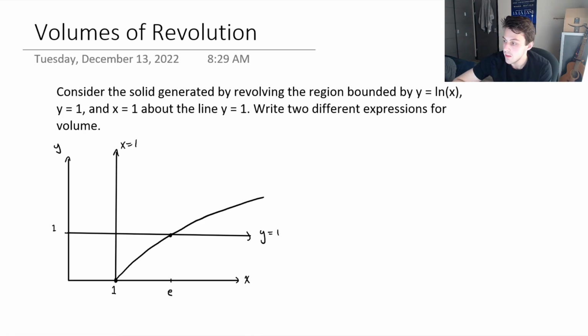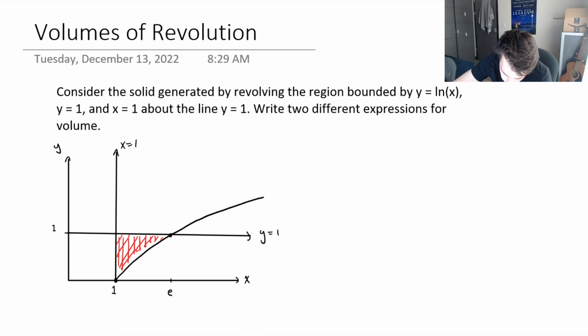So what we are revolving is this red region. This is the region bounded by those curves, and the question says we'd like to revolve it around y equals 1.